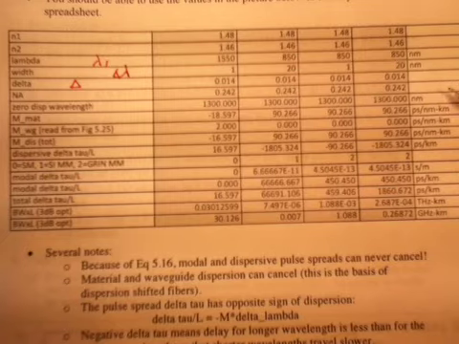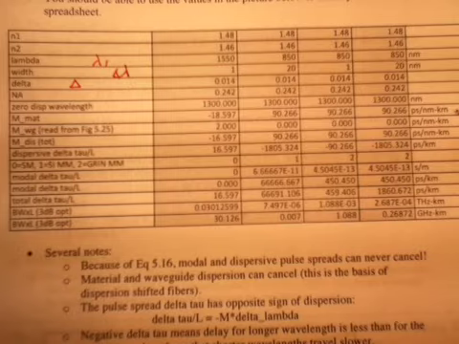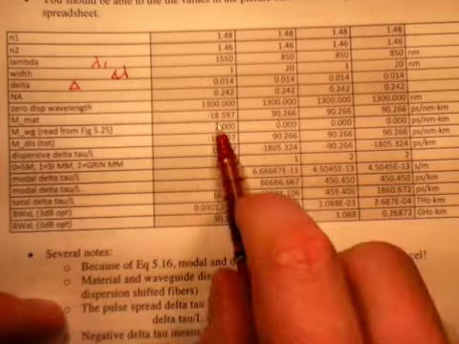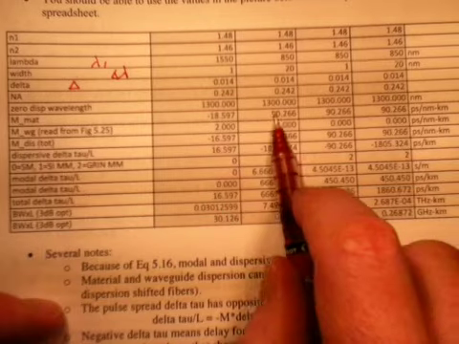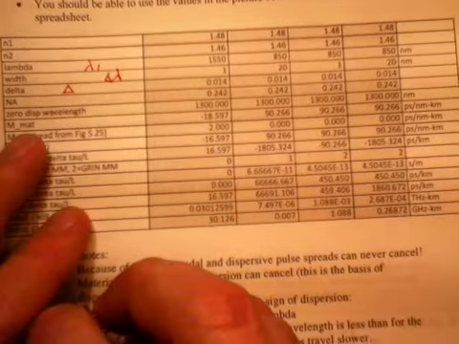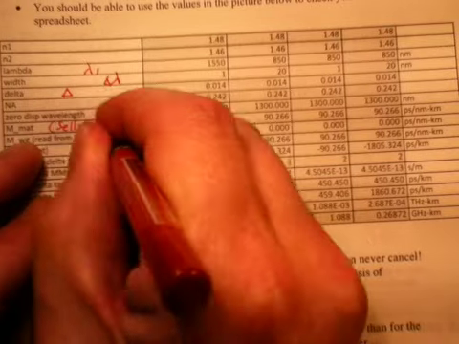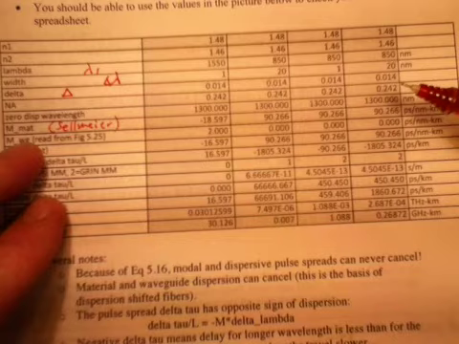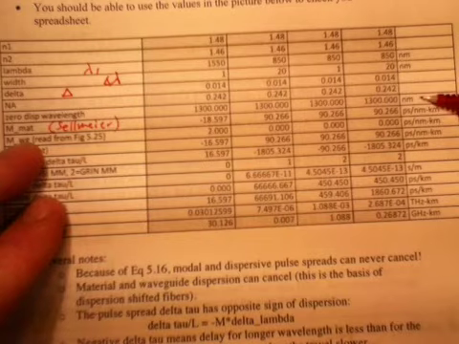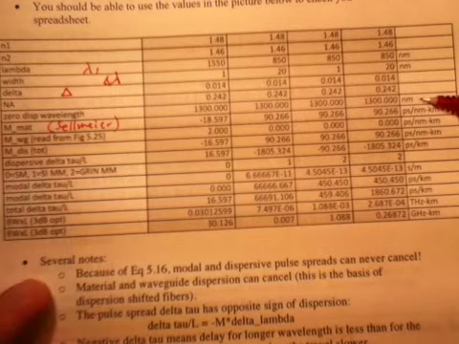And we're going to use the Meyer equation to calculate the material dispersion. So this row is from the Meyer equation, and it uses that zero dispersion wavelength as part of its calculation.